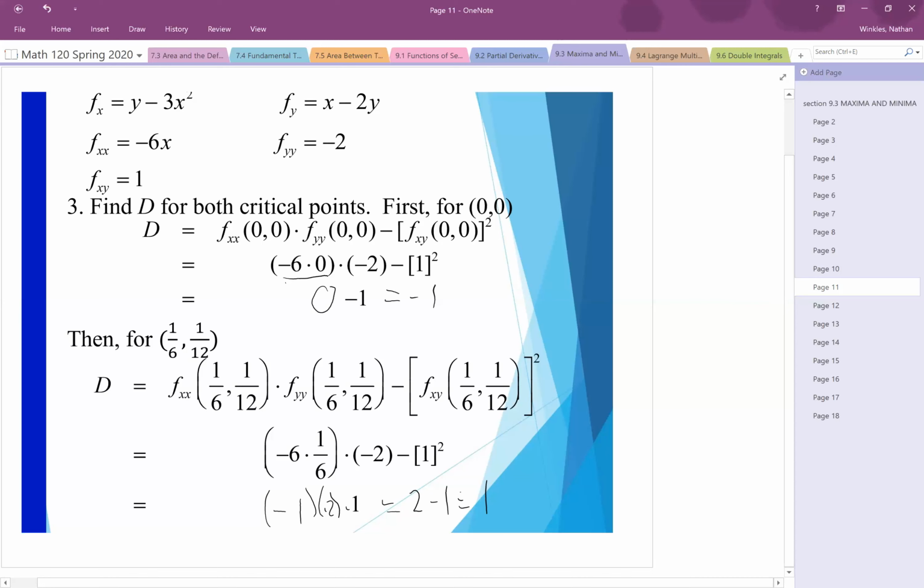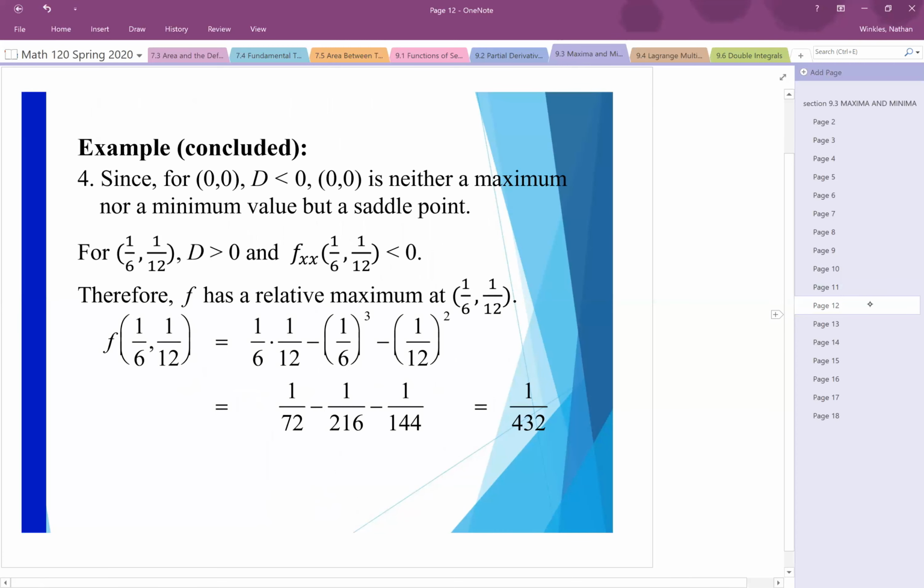It's positive. fxx is going to be negative. So by our next slide here, since D is less than 0, it's neither a maximum nor a minimum point at (0, 0), but a saddle point. So D is greater than 0 for the point (1/6, 1/12). fxx is less than 0, so it has a relative maximum.